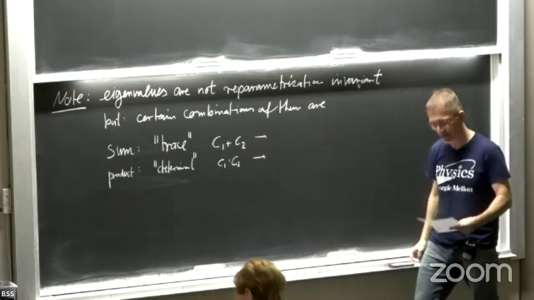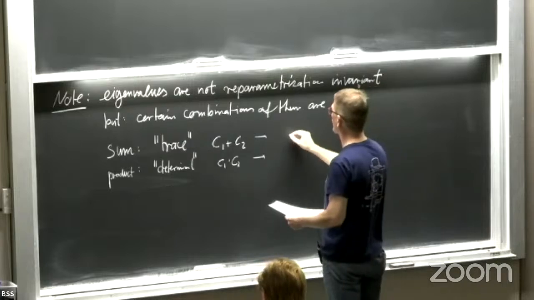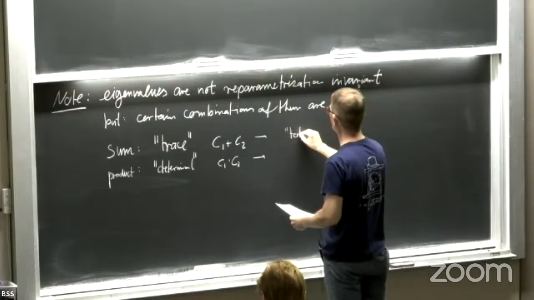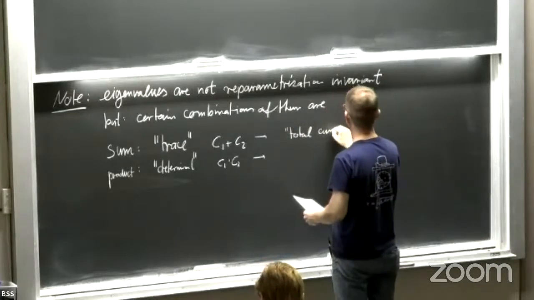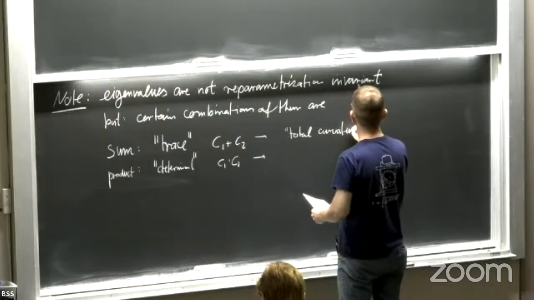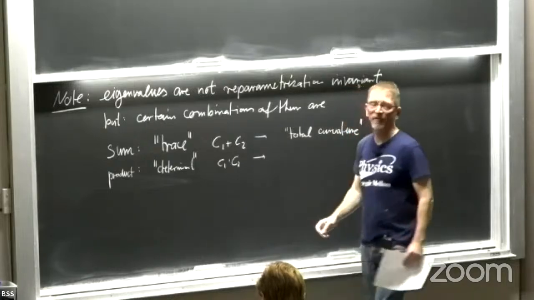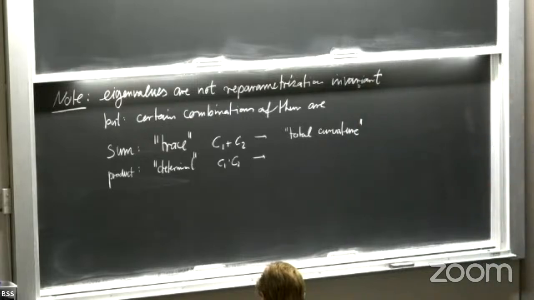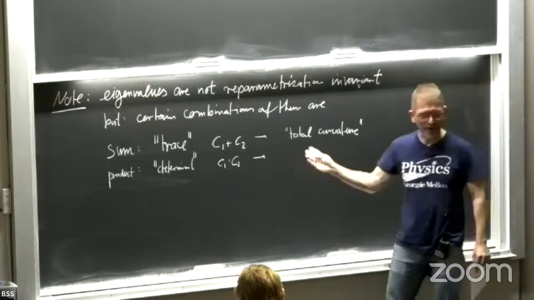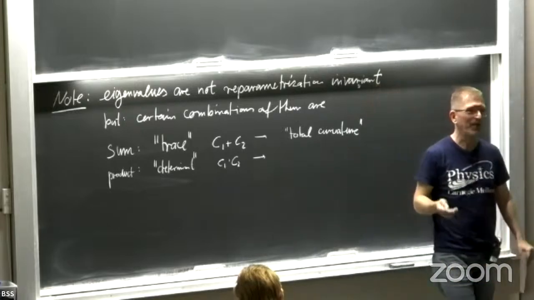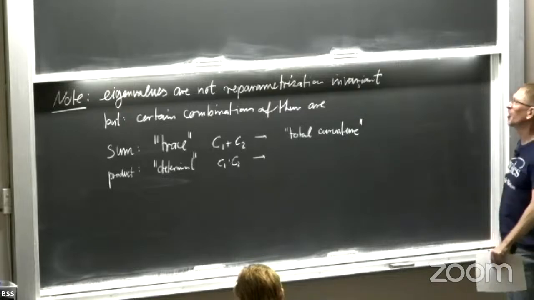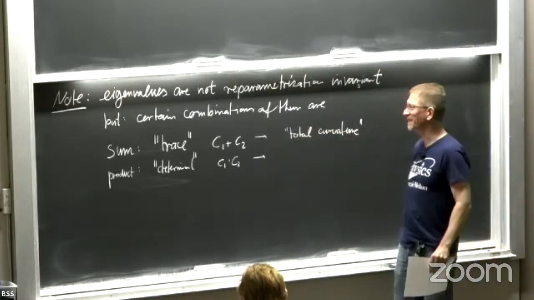Curvature-wise, the C1 plus C2 is called the curvature or the total curvature. Some people find it very useful and divide that by 2 and then call it the mean curvature. It's fair, but in my entire life of doing this, I've never found that factor 1/2 useful. So I always talk about the whole thing.